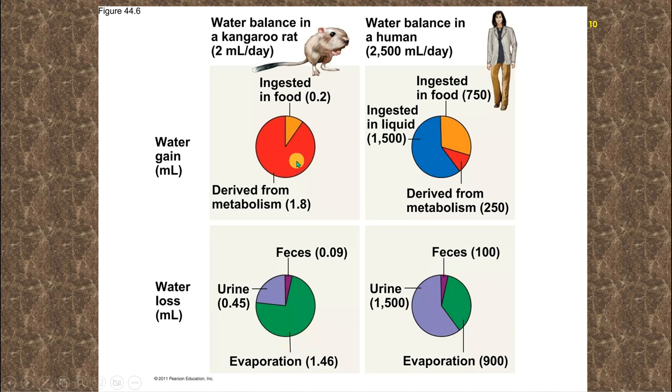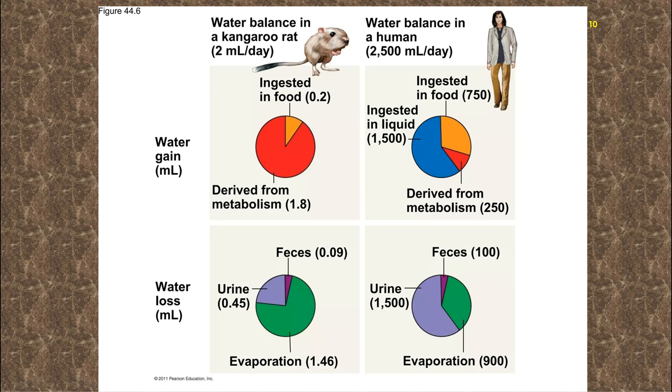In the case of these small creatures, it is very little: about 0.09 ml through feces, urine is 0.45 ml, and evaporation is about 1.46 ml.